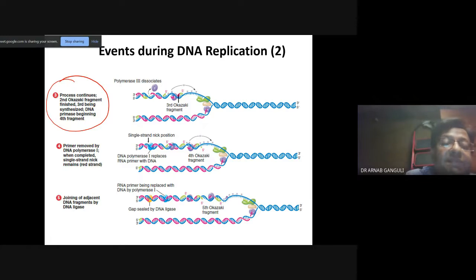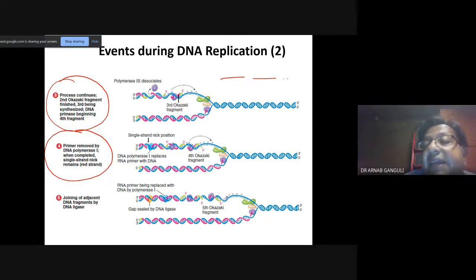Right. Then the primer. You see when these little Okazaki fragments are made, all of them, I draw it over here below. 5 prime, 3 prime, 5', 3', 5', 3'.